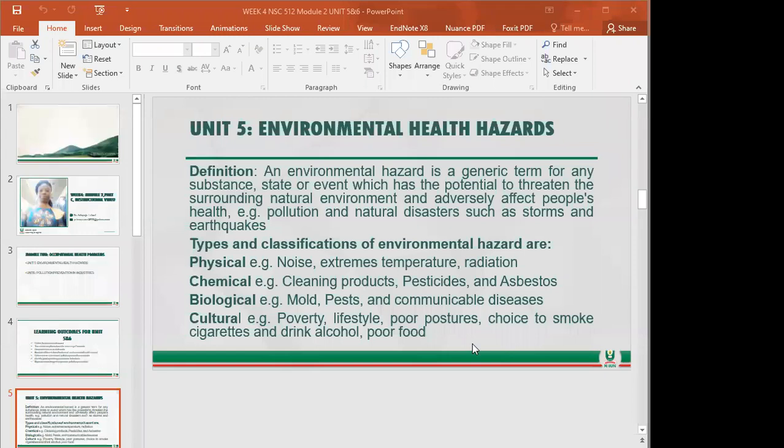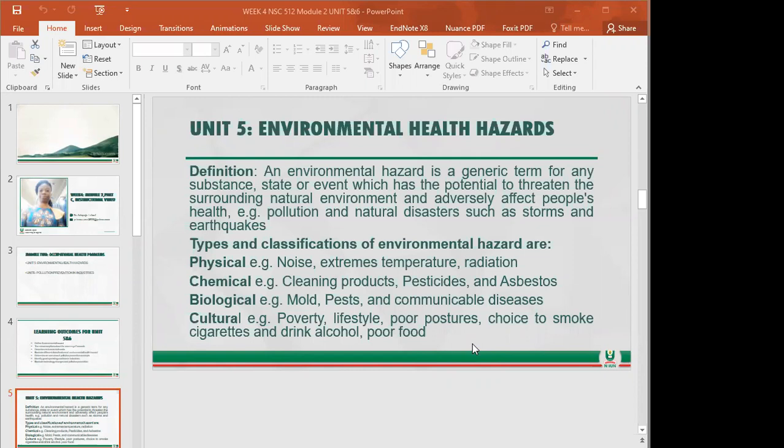Now we need to know the types or the classification of environmental hazard. I will be sharing my slide with you. We have different types of environmental health hazard: the physical, the chemical, the biological, as well as the cultural. What are the examples of physical environmental hazard?